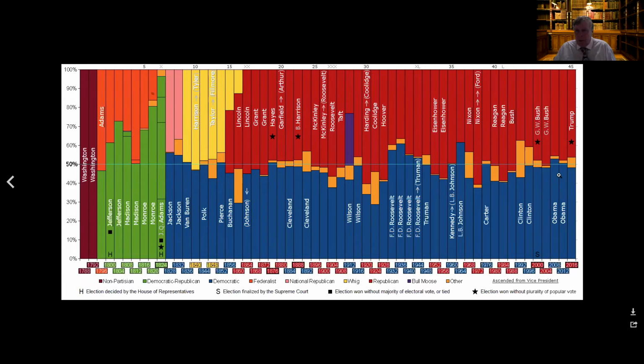Obama won outright both times, and then Trump won because of the existence of a third party. In this case, probably the Green Party was important. So this little bar graph can tell us a lot about presidential elections and the partisan balance in the American system. I invite you to explore this bar graph on your own independently.